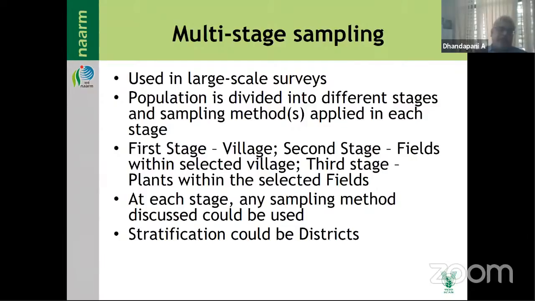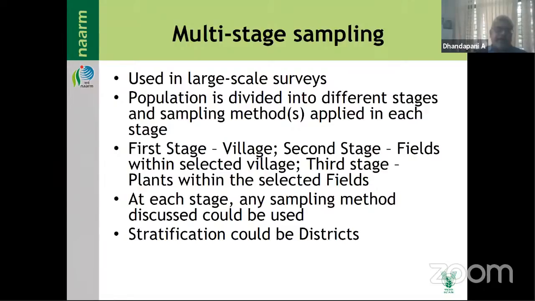Another advantage is that at each stage you can use a different method. For example, if I'm going for a statewide survey, I can use district as my stratum, and in each district, villages will form the first stage unit. What I need is the list of all villages, which I can get.